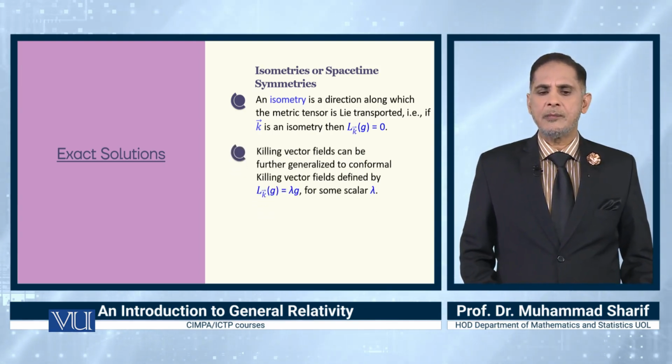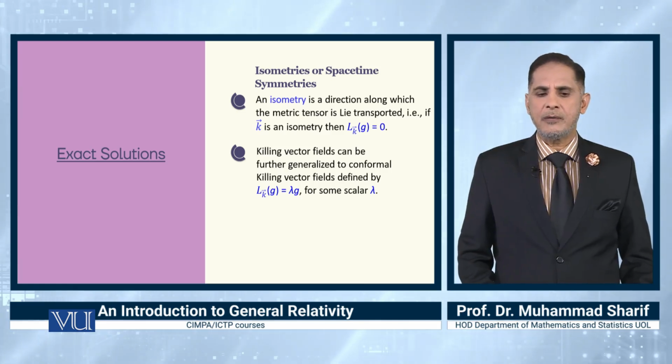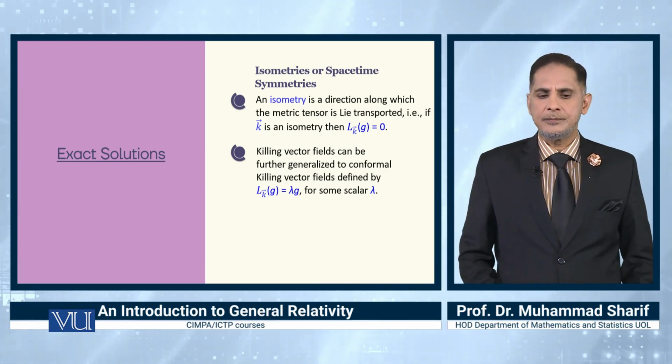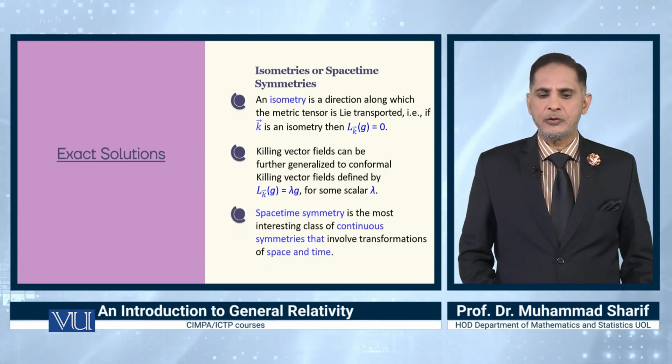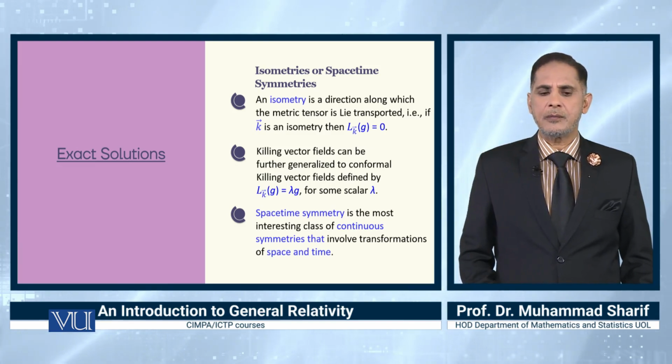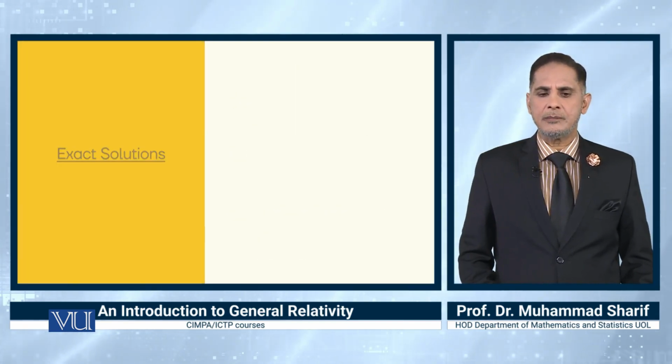Killing vector fields can be further generalized to conformal Killing vector fields defined by the following expression. Here lambda is some constant. Space-time symmetry is the most interesting class of continuous symmetries that involve transformations of space and time.